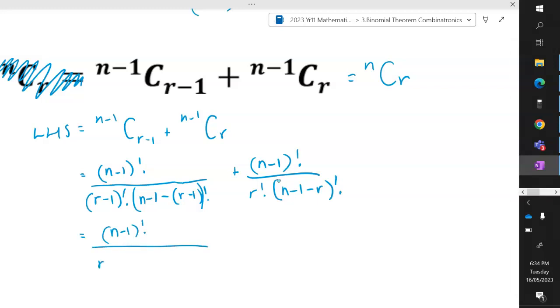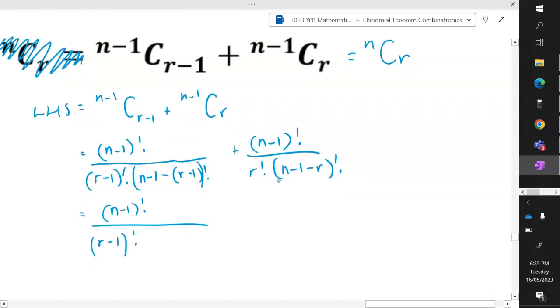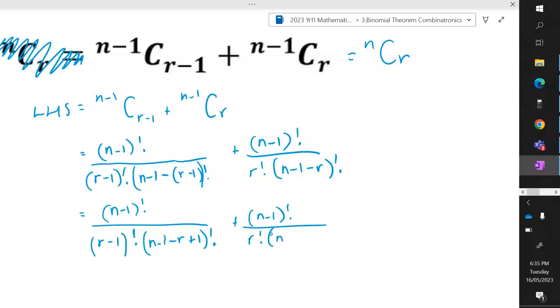Sometimes the algebra gets a little bit tricky, but we're extension 1 now, so we've just got to keep going and think of all the little skills that we've learned along the way. So here I've got n minus 1 minus r plus 1 factorial, let's just do it the long way, and the other side is going to stay as it is. You might want to have done this all in one step.